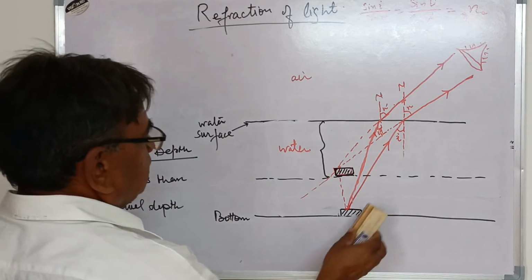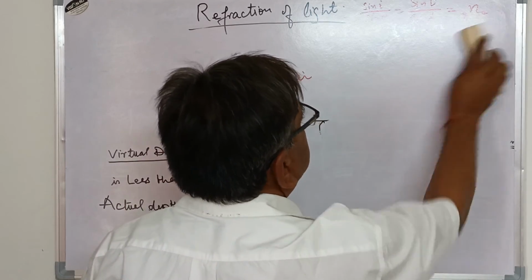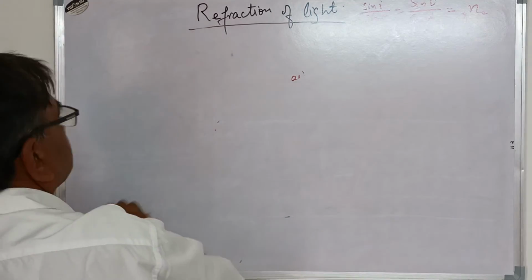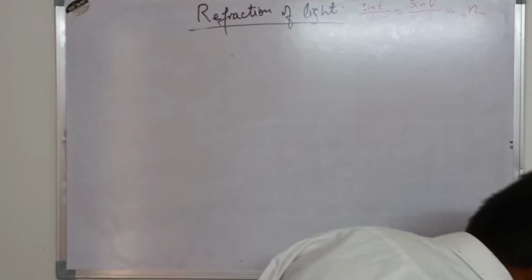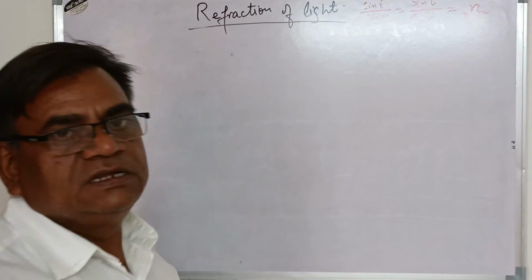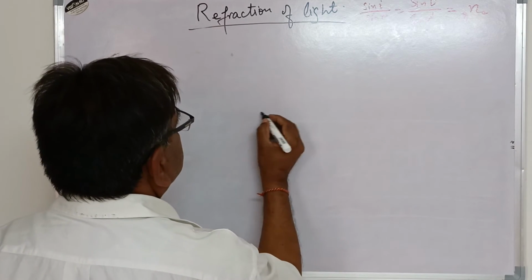Now in a similar way, how a stick which is partly immersed in the water seems to be bent, mudi hui, is not straight.